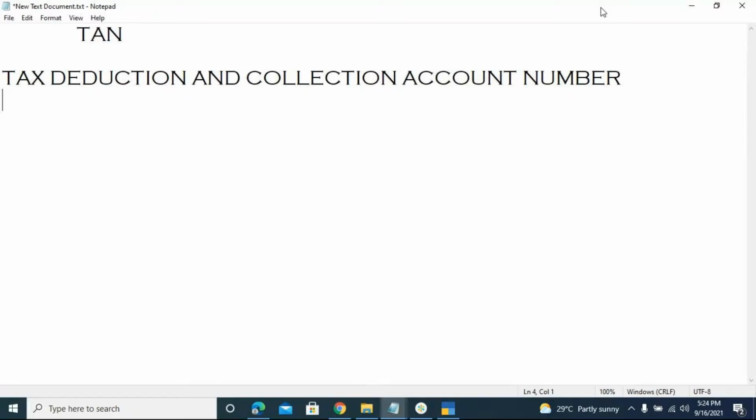Now, TAN, how many characters? TAN comprises, or I can say, TAN is 10 alphanumeric characters.